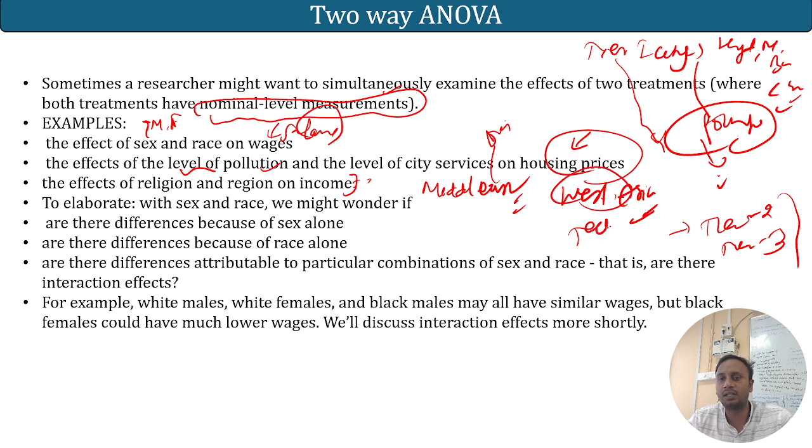Here we have oil, here we have tech, here we have assembly and all. It changes with the regions. Then we can check whether there is a difference because of sex alone, or race alone, or maybe we have to check the combination, that is, the interaction.